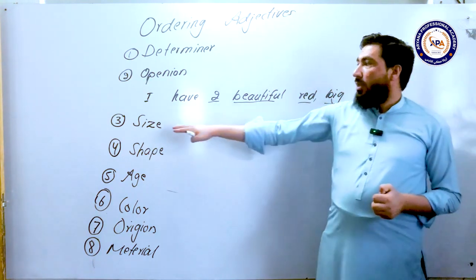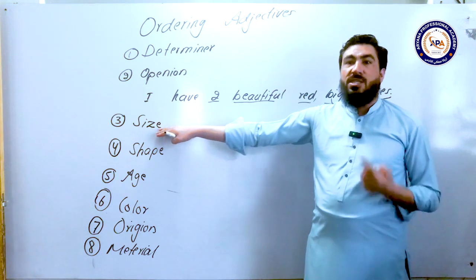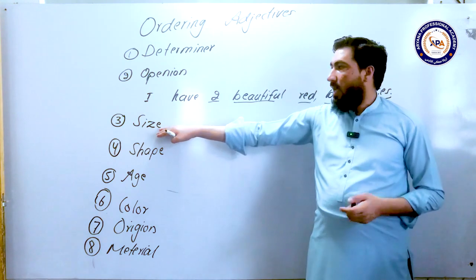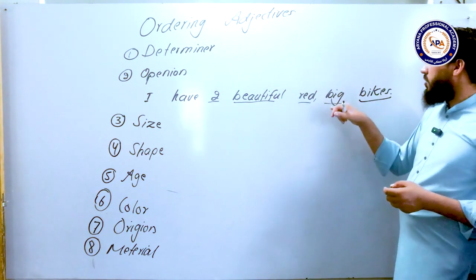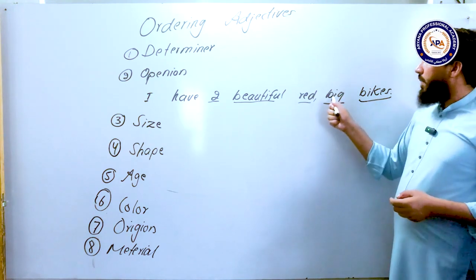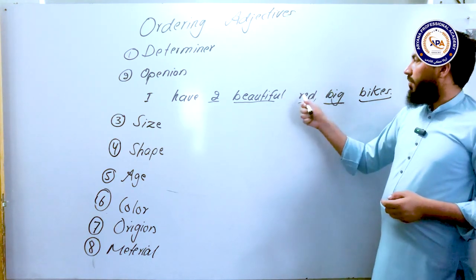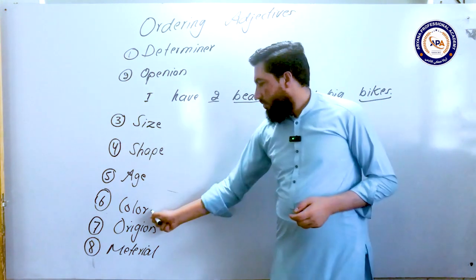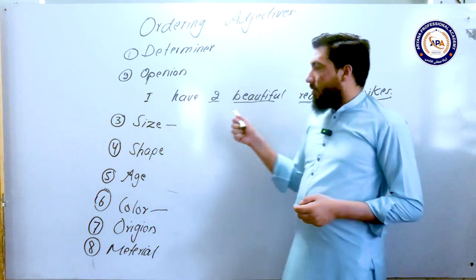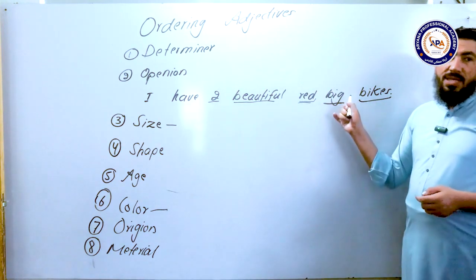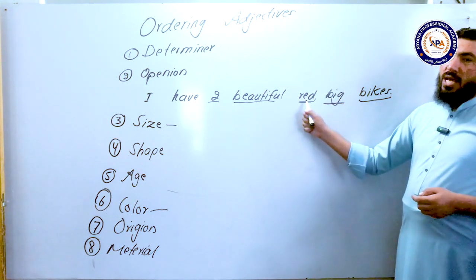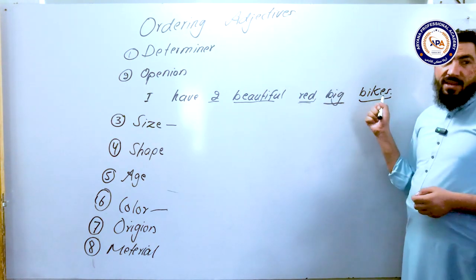And number 3, you have to mention the adjective that shows the size of a noun, like small, big, high, and so on. If I want to use the word big for bike, it must be used before the color. The word big is an adjective which talks about the size of a noun, and red is an adjective which describes the color of a noun.